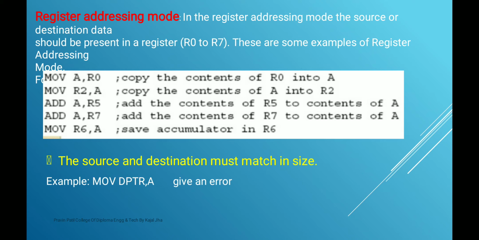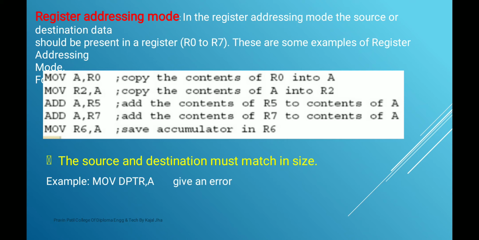For example, MOV A, R0 means this instruction copies the content of R0 into A. It means if R0 is loaded with the value 4H, then now A is loaded with the value 4H, because the value in R0 is copied to A.